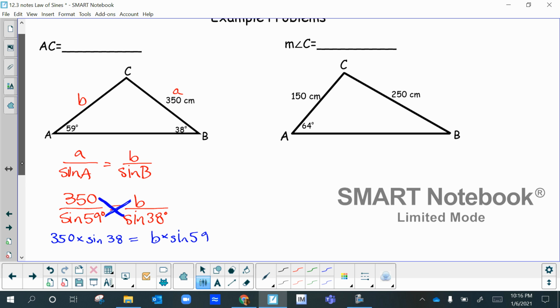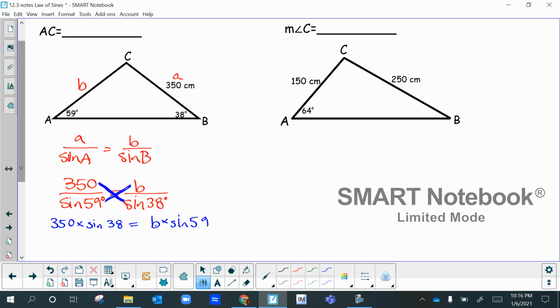Well, how do I get b by itself? If that's times sine of 59, don't you think you can divide by sine of 59? That comes from algebra. And whatever you do to one side, you must do to the other. So that cancels out. So I'm multiplying these two and I'm dividing by this. So let's see what we get.